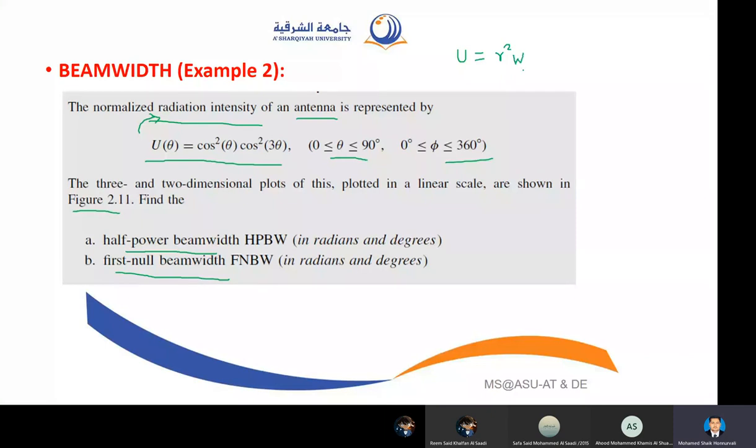In other words, to explain this, for example, if there is a radiation pattern like this, this is my axis. You have some side lobes here. Let us assume like this.